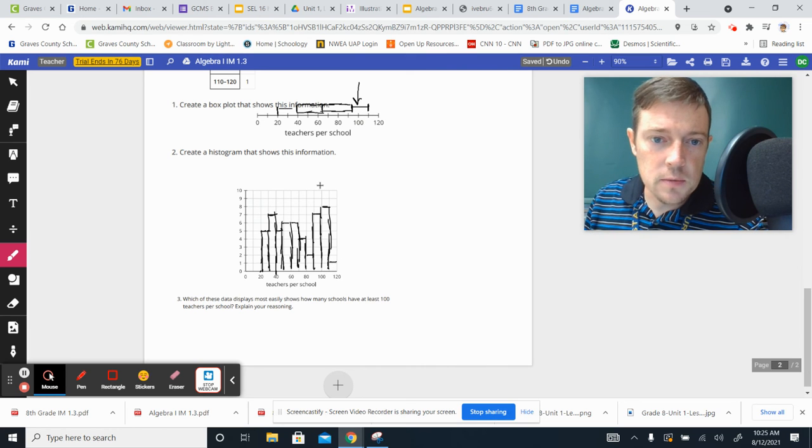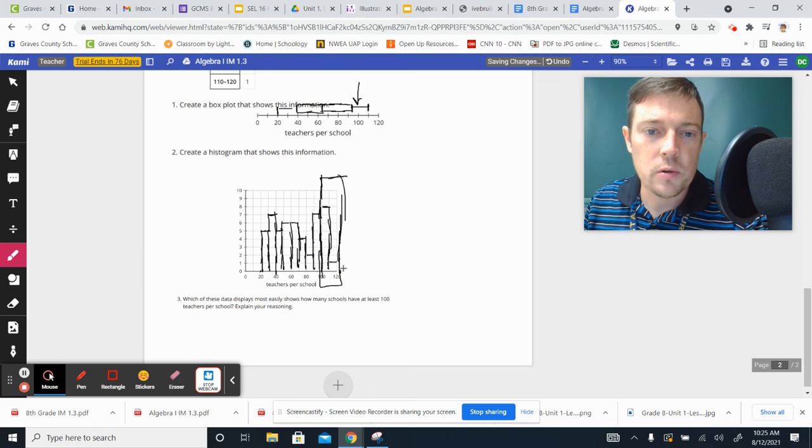When you look at this one at 100, which is right here, every bar to the right of that, in that little window I just drew, represents the ones that have at least 100. So all I have to do is add these two bars together. 8 plus 1 is 9. There are 9 of these schools that have at least 100 teachers. This is really the only one that's going to be able to do that for you.